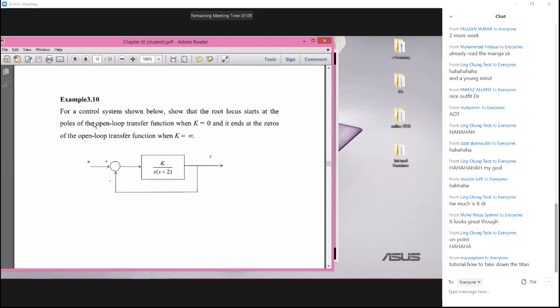It should have K, s plus 1, s plus 2. Make a correction there.